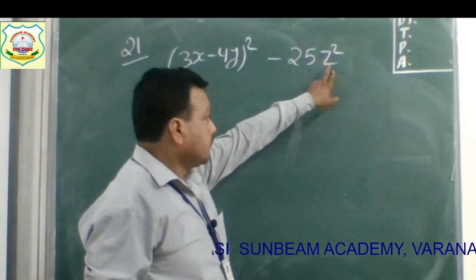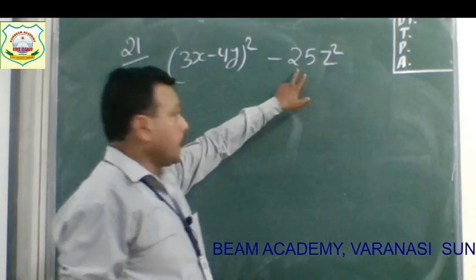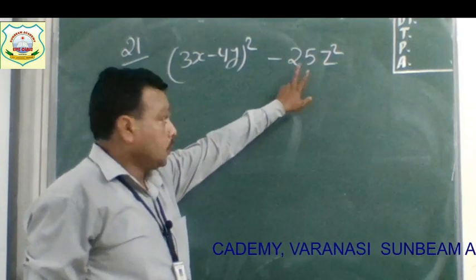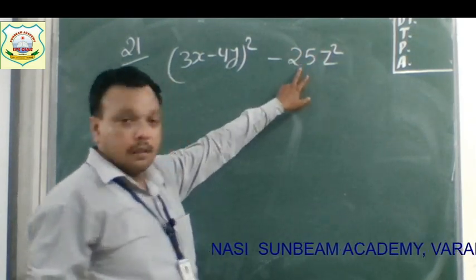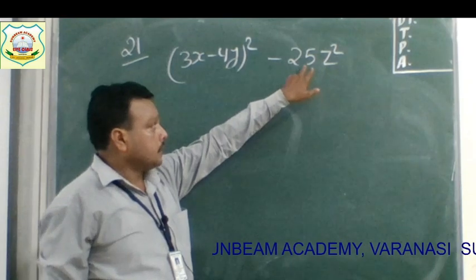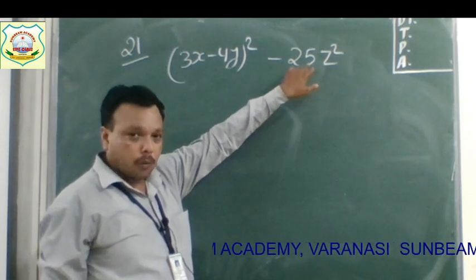Z square is a square, but 25 is not a square. So we will find a value whose square is 25.